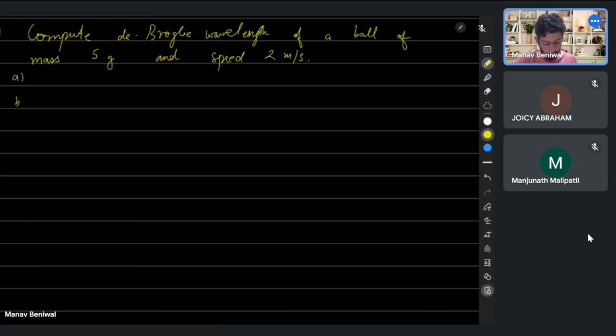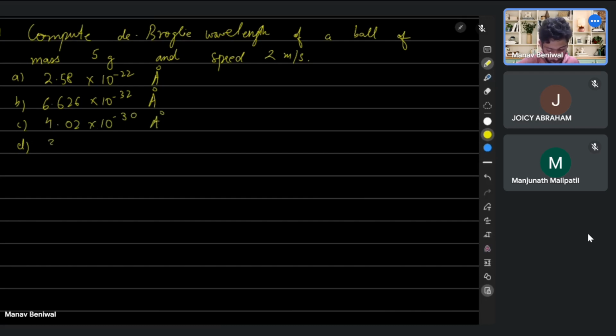So we have options like 2.58, 6.626, all these are in angstroms, 4.02, 3.32 into 10 to the power minus 32 angstrom.